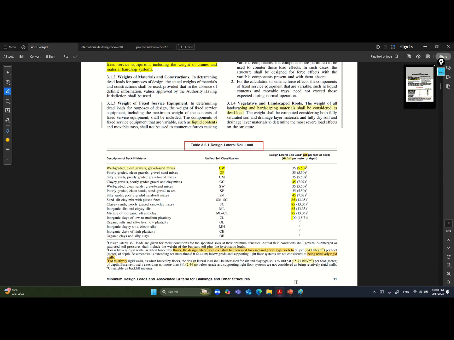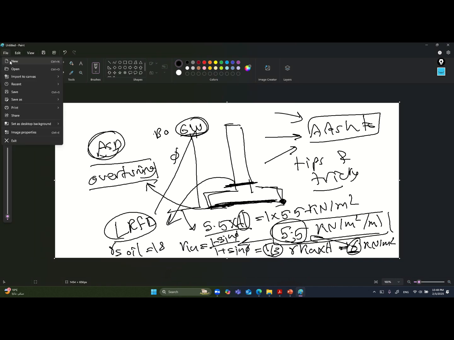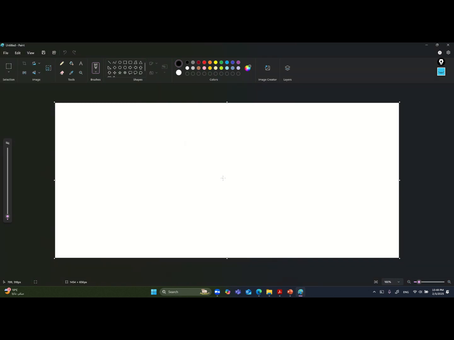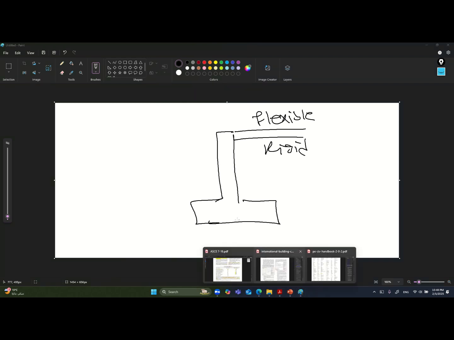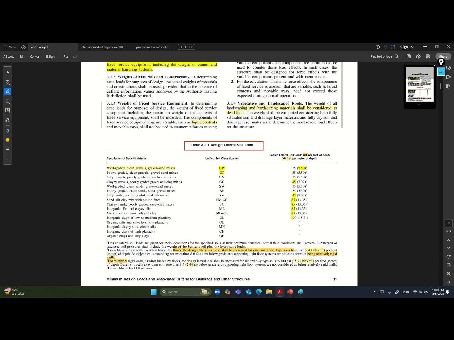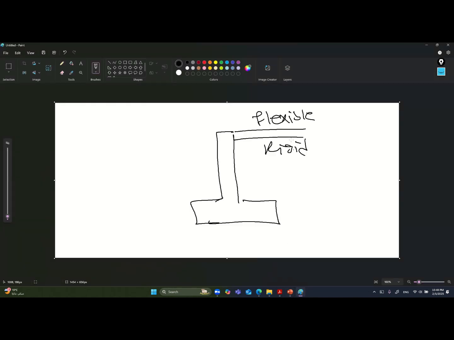It says what? Let me start again. If you have a retaining wall, but not a retaining wall, like a basement, and there is a floor here, and it is flexible, and maybe it is rigid. Here in the note it says that if the diaphragm or the floor is flexible, then you will use the value 5.5.